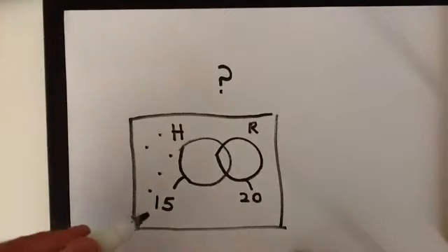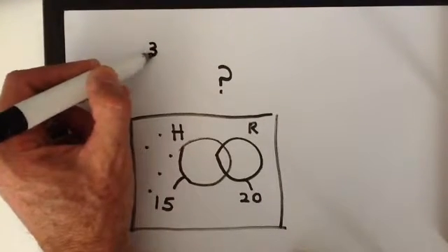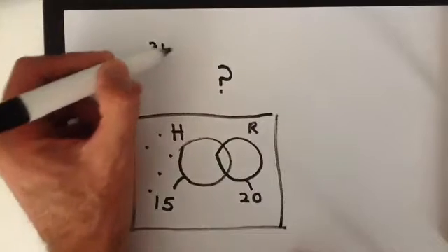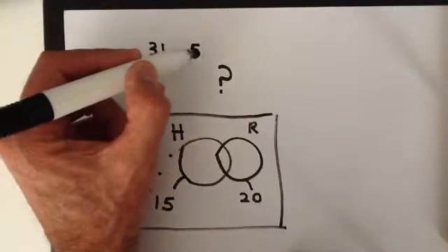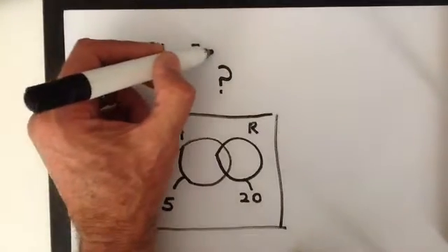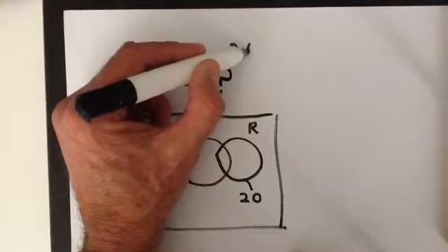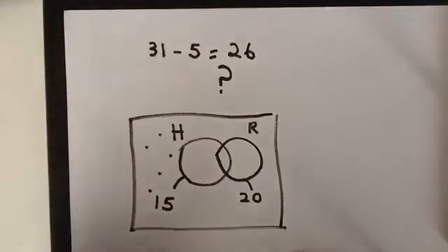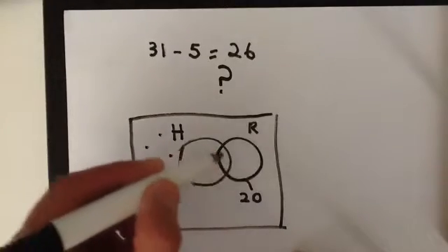Okay, so we know there are 31 days. So if I subtract the 5 days that were neither hot or rainy, I've got 26. So there must be 26 dots in the two circles somewhere.